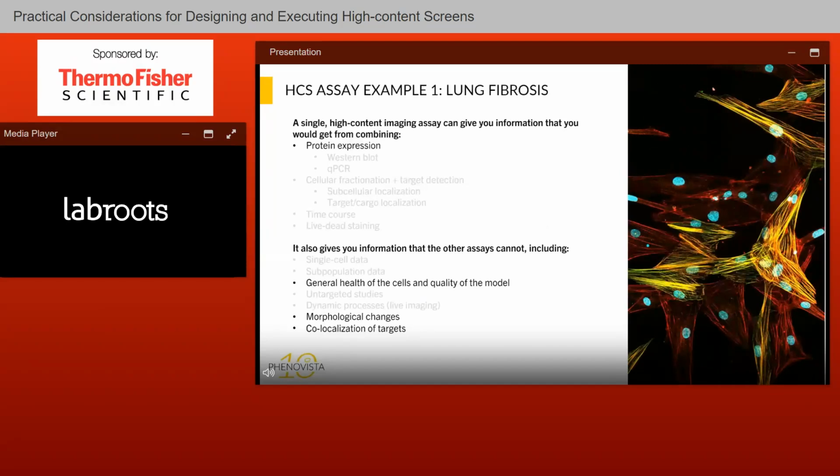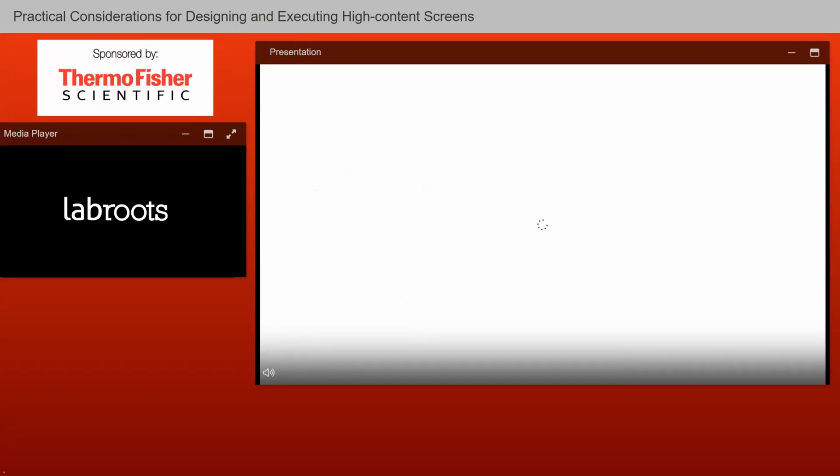So we're going to go into a couple of examples to hopefully illustrate those points now. The first one is an example using lung fibrosis, where we combine quantification of protein expression, the health of the cells, and morphological changes, and actually the co-localization of a couple of markers of interest.